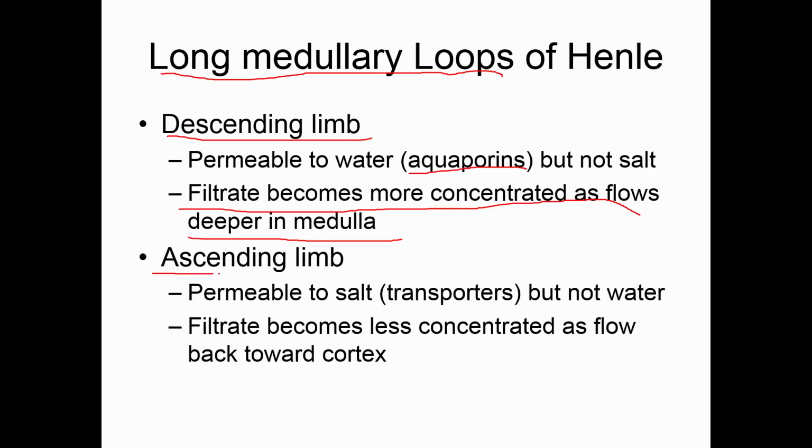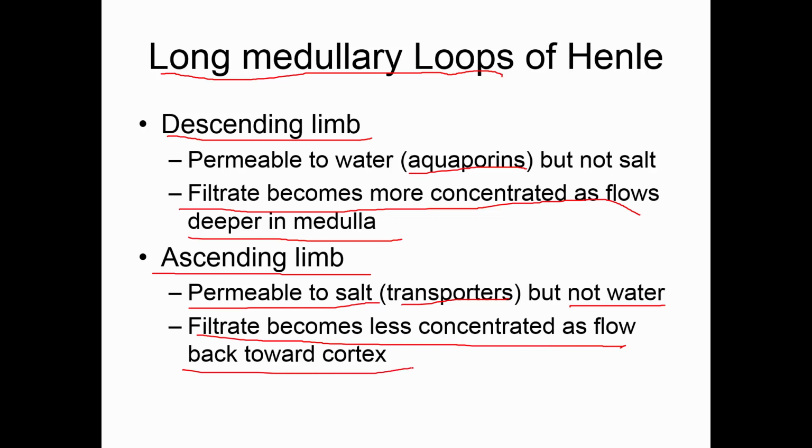As we go up the ascending limb, oh my goodness, we have a completely different situation. The tubule is permeable to electrolytes because there are transporters, but there are no aquaporins, so it is impermeable to water. So as you pull out electrolytes and leave the water behind, the filtrate becomes less concentrated as you flow back towards the cortex.